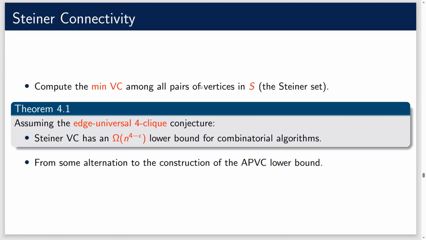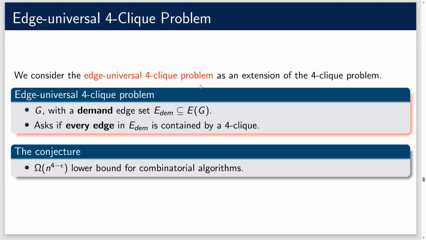The construction is from some alteration of the construction of the all pairs vertex connectivity. Below, we will consider the edge universal Fock-Lee problem as an extension of the Fock-Lee conjecture. It is just a graph with a demand edge set E demand, and we ask if for all edges in E demand, each is contained in some Fock-Lee.